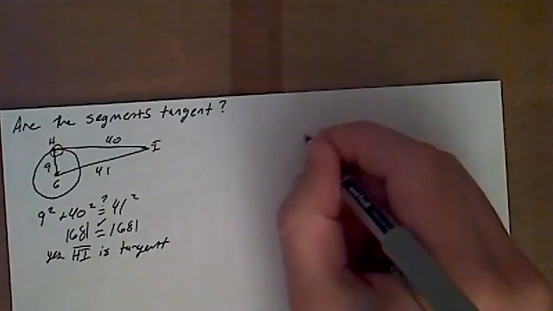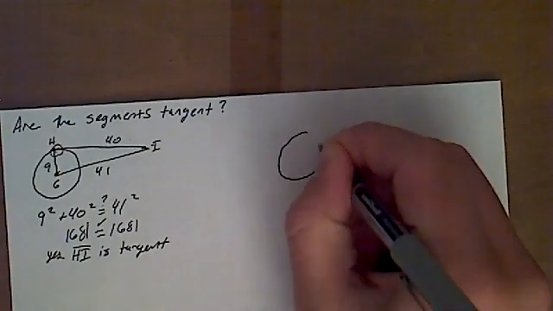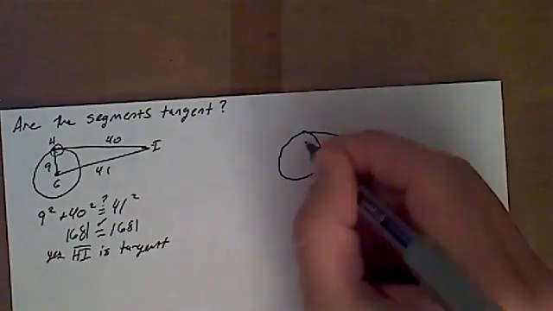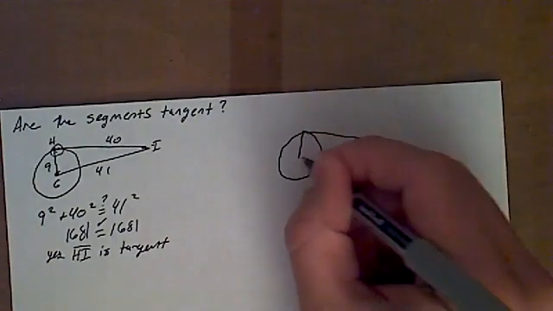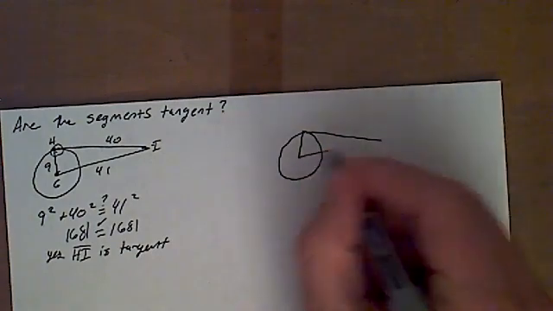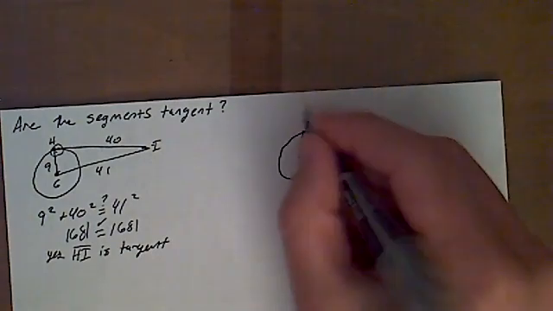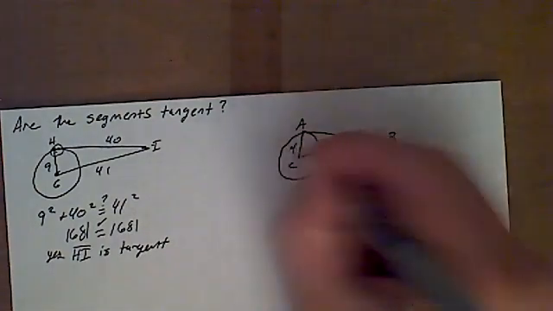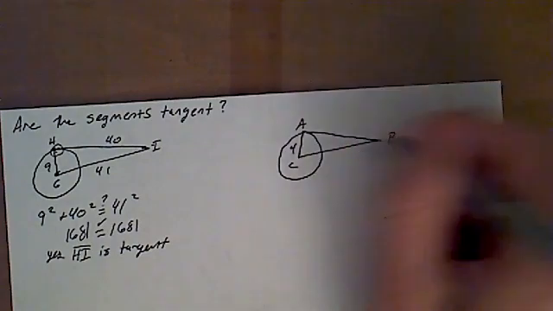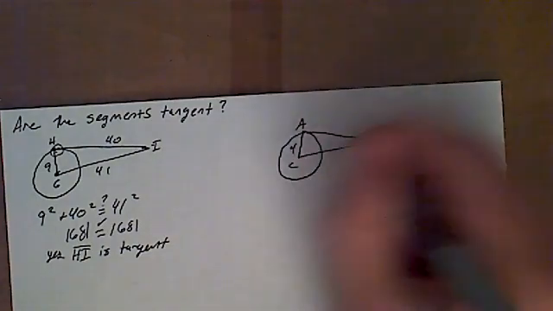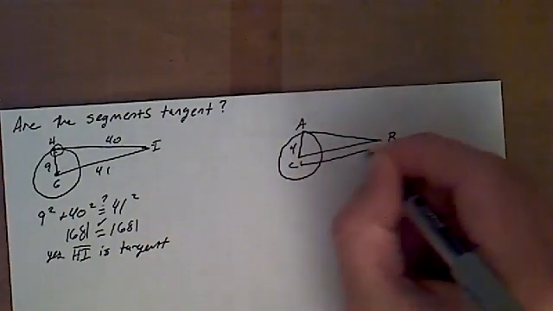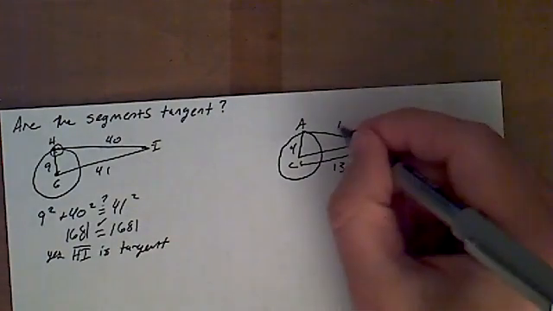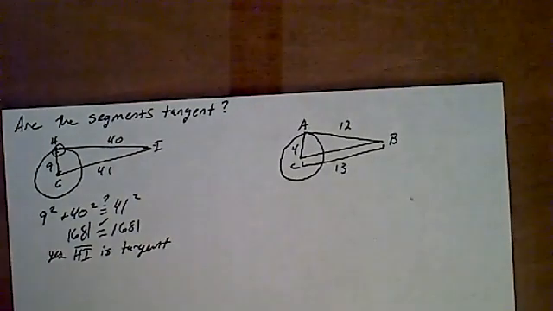All right, how about this one? I made a mistake in my notes. So we have AC and B. We have AC is 4. BC is 13. And we got AB is 12.